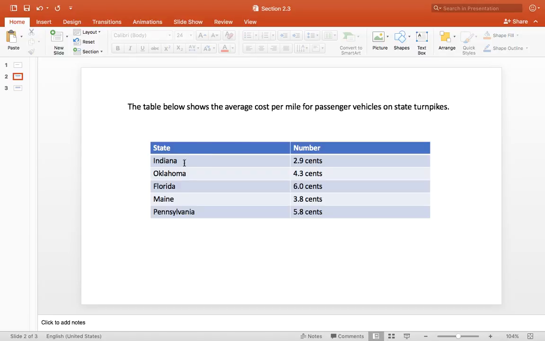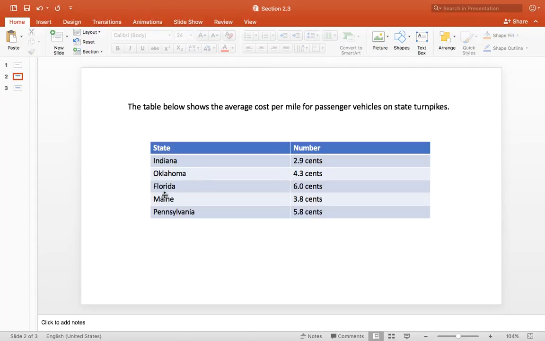Because here we are referring to states, this is going to be qualitative or categorical data, because the states here, Indiana, Oklahoma, Florida, Maine, Pennsylvania, can't necessarily be ranked by the best state. They are not numerical values, but they are states. So this is considered categorical or qualitative data, right? So that's how we know that we will have to use a Pareto chart.